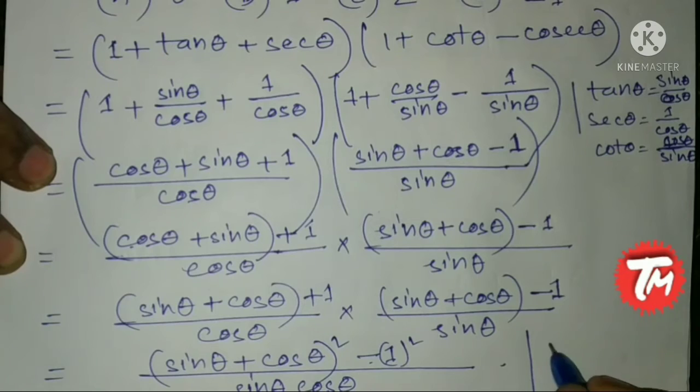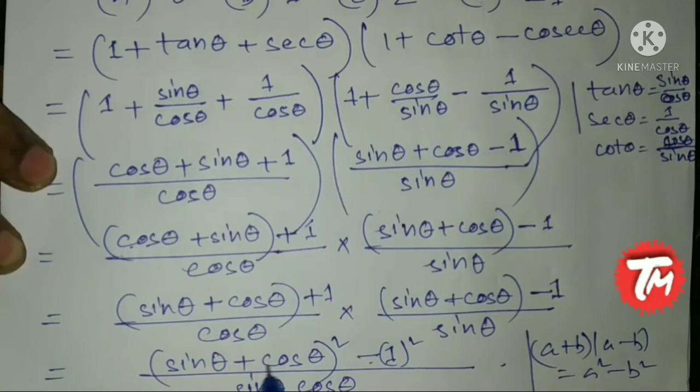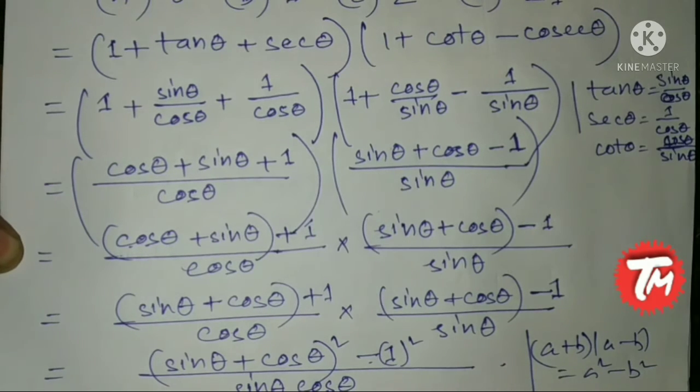As we know that a plus b whole into a minus b equal to a square minus b square, that is why we write here sin theta plus cos theta whole square minus 1 square.